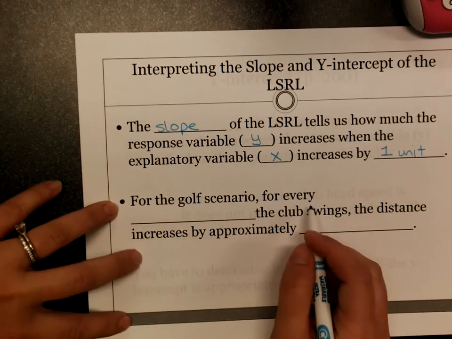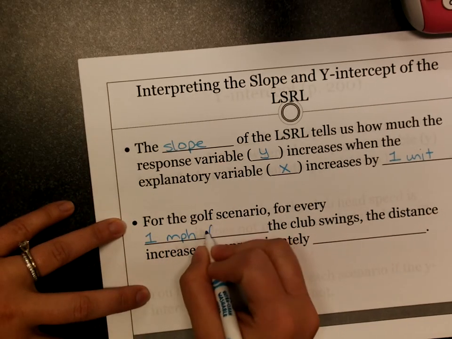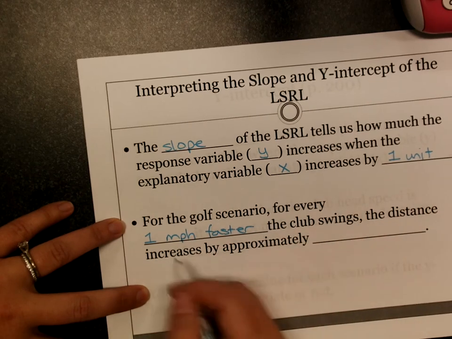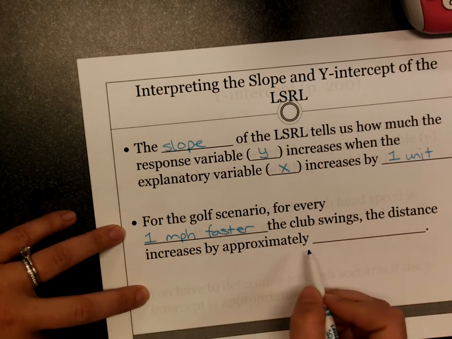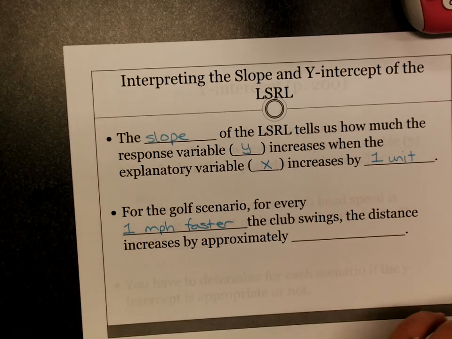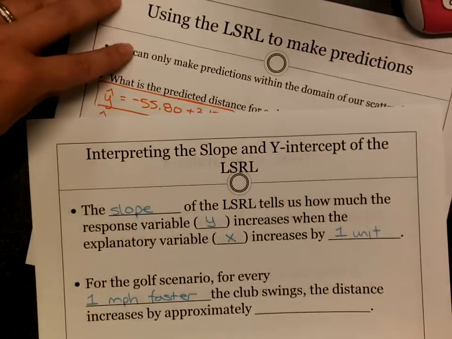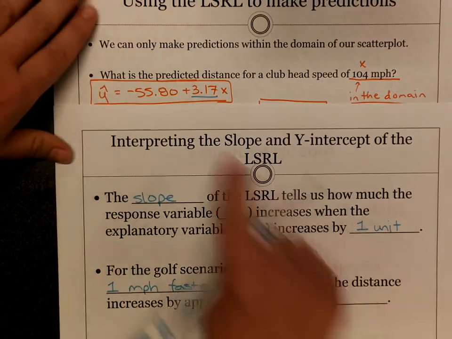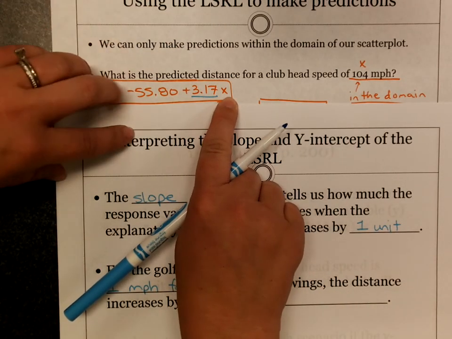For the golf scenario, for every 1 mile per hour faster the club swings, so that was our x variable, the distance increases by approximately, now we're going to go back to our LSRL, and our slope is 3.17. So 3.17 is how much the y variable changes every time the x variable goes up.